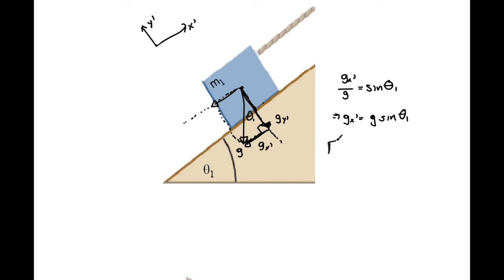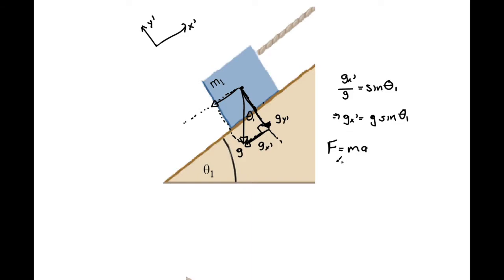Okay, so what force would be associated with that? Well, Newton's second law says force is equal to mass times acceleration. In this case, the acceleration is g sine theta, but let's be careful. If we define the positive x prime axis to be over here, pointing this way, up the ramp in this case, and the positive y prime axis to point this way, then you can see that the force of gravity acting along the ramp is actually acting in the minus x prime direction, right?